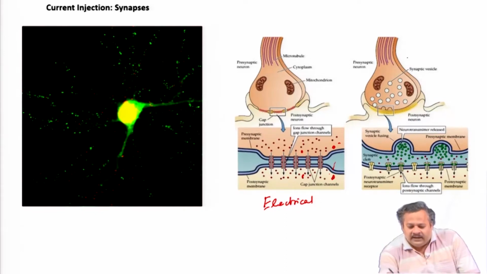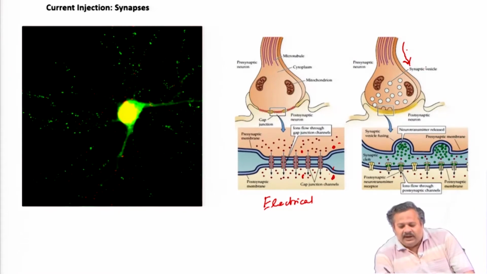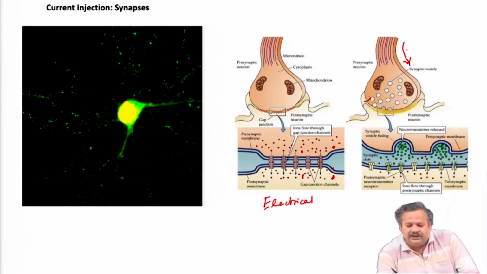So, when an action potential travels to the axon terminal, what first happens is that there is voltage gated calcium channel opening that allows calcium to come into the neuron, and this calcium, through a series of steps, allows the neurotransmitter to be released.